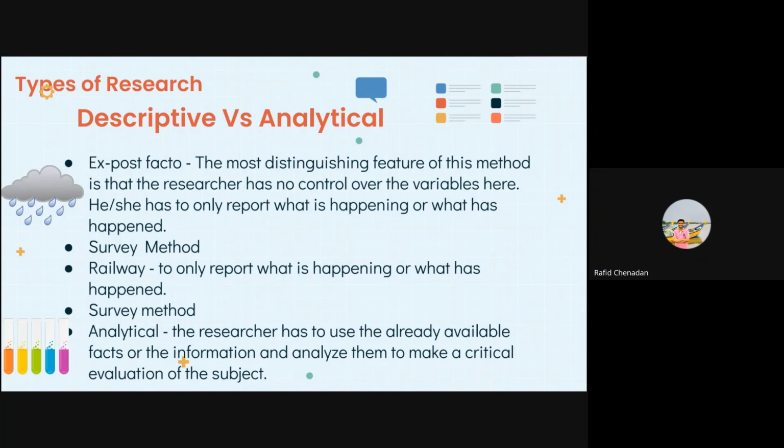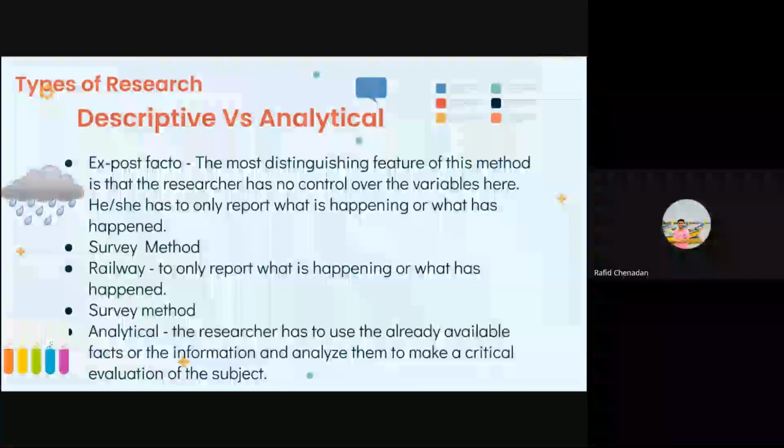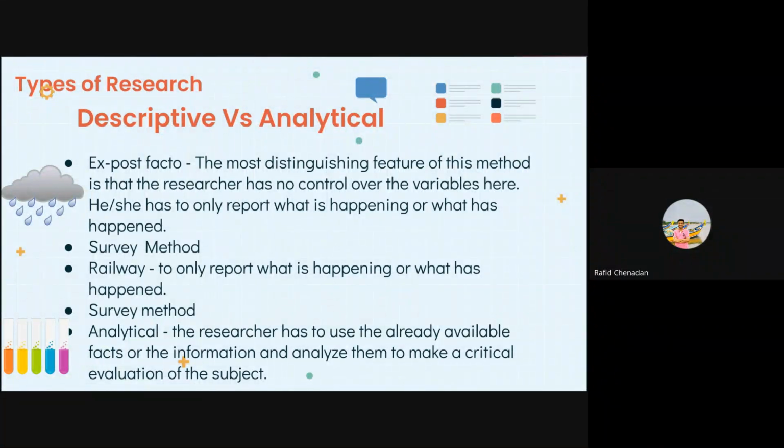For example, you are studying the amount of rain that Kerala gets in a year. Let's say Kerala got this much rain in the year 2023 during June or July. Then the variable is the amount of rain, because the amount of rain varies. So whatever varies is simply the variable. And when the researcher doesn't have any control over the variable, suppose I am a researcher who studies the amount of rain Kerala got, as a researcher I do not have any control over the amount of rain.